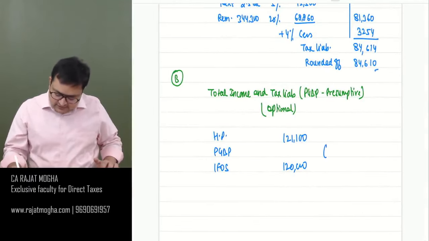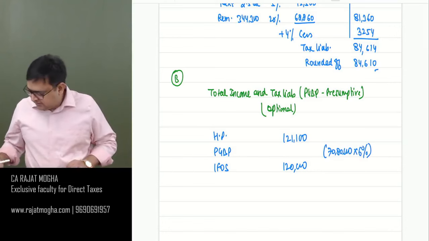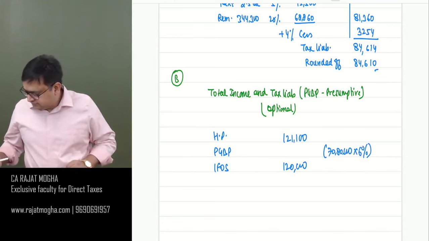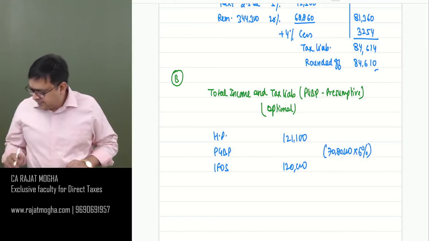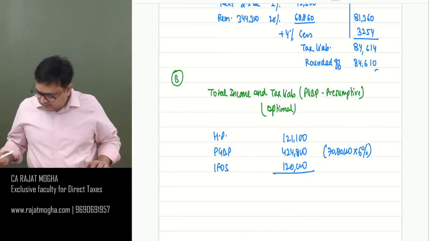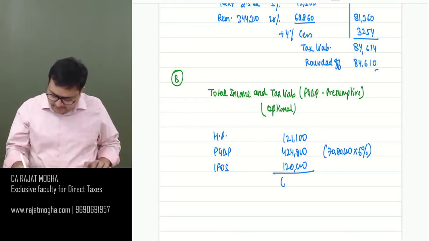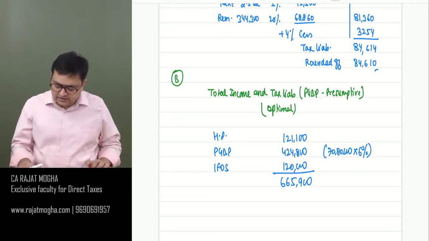70,80,000 into 6% is 424,800. $665,900. Correct.